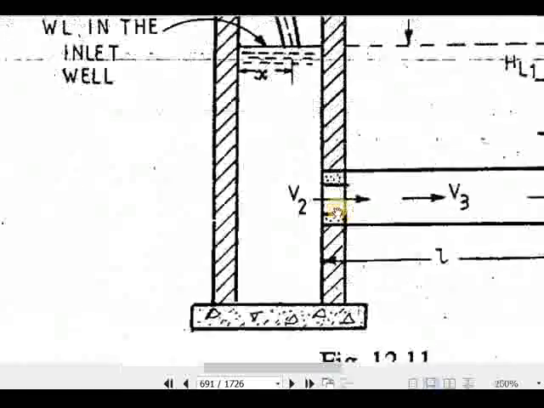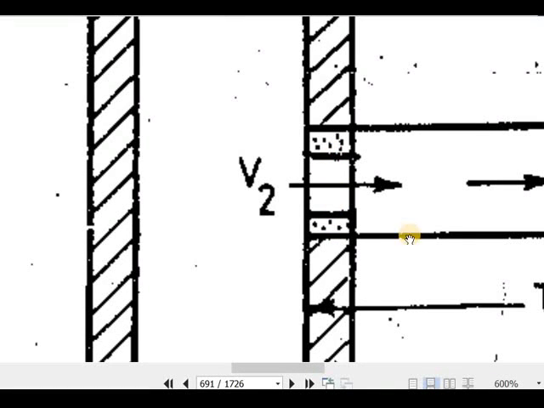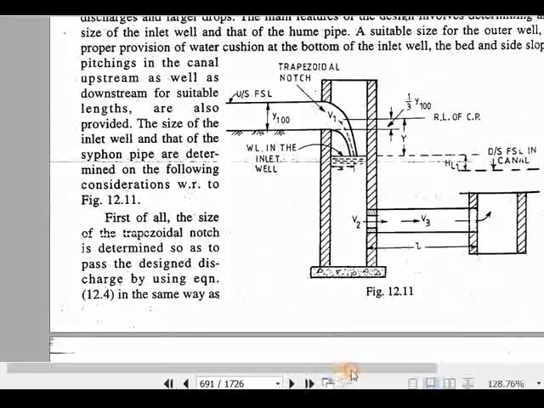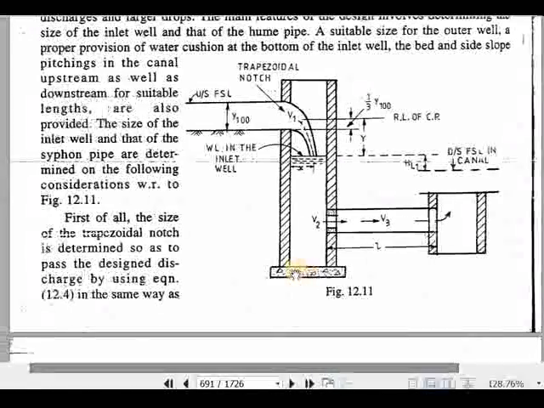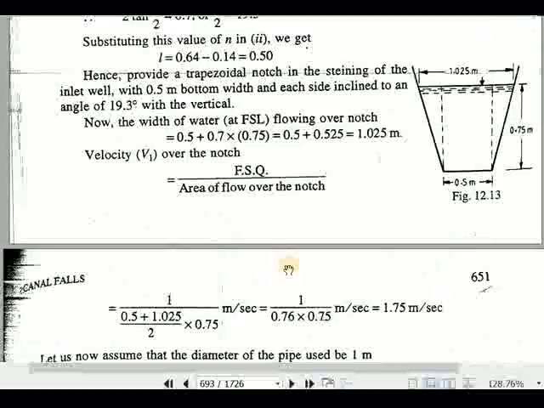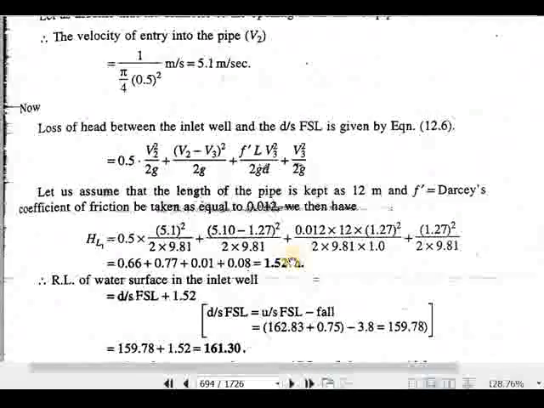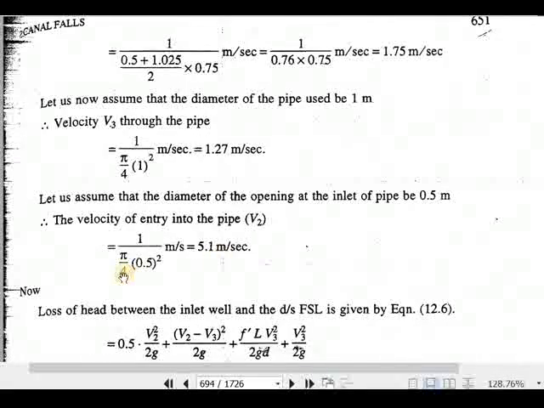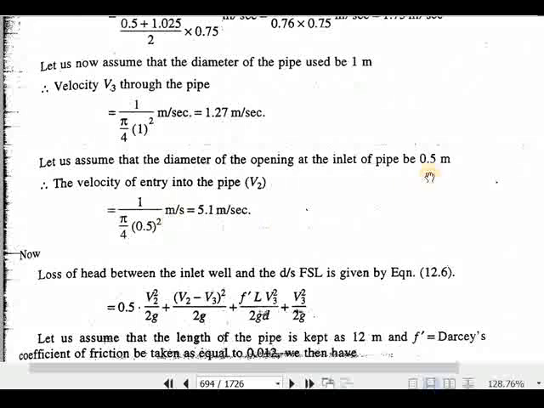Let me zoom here. This V2 opening is less compared to this pipe inlet diameter. So for V2 we can also calculate discharge over area, 0.5 meter if that is the inlet diameter, and then you can calculate its area.